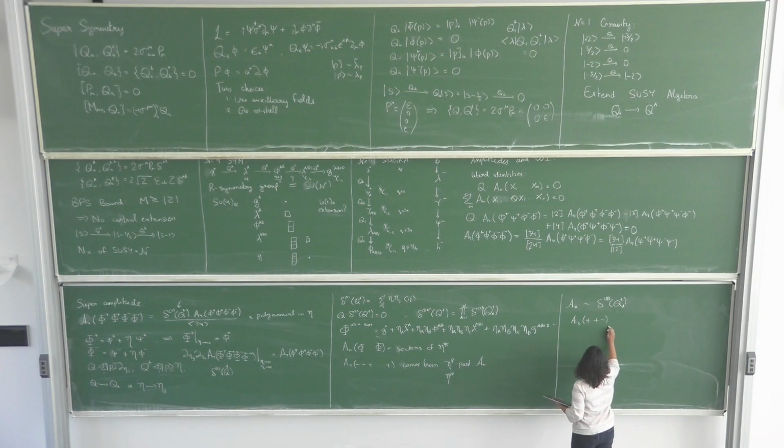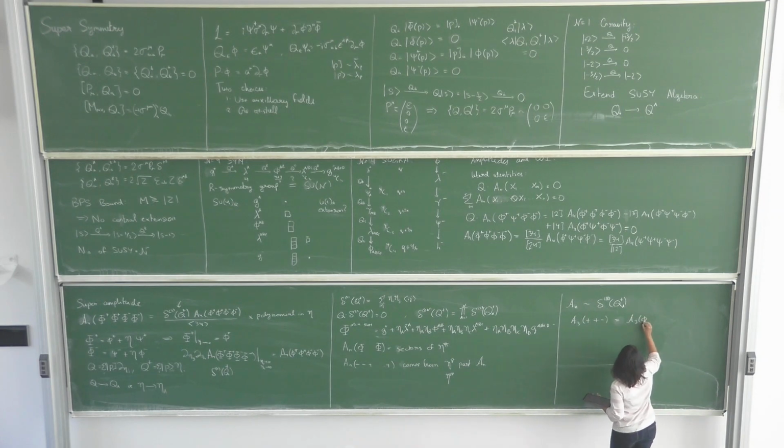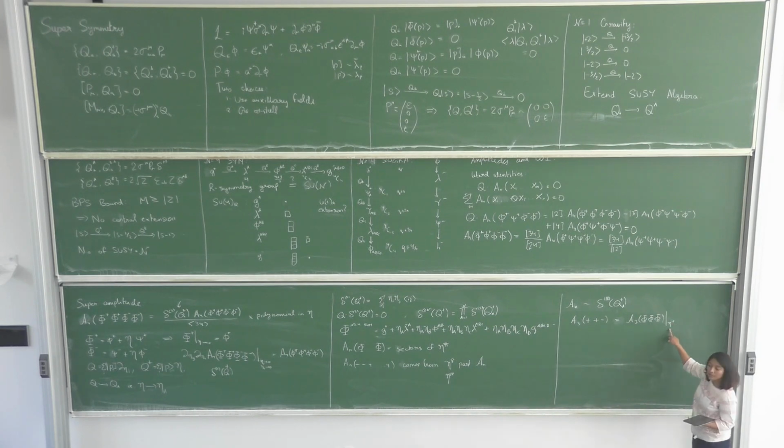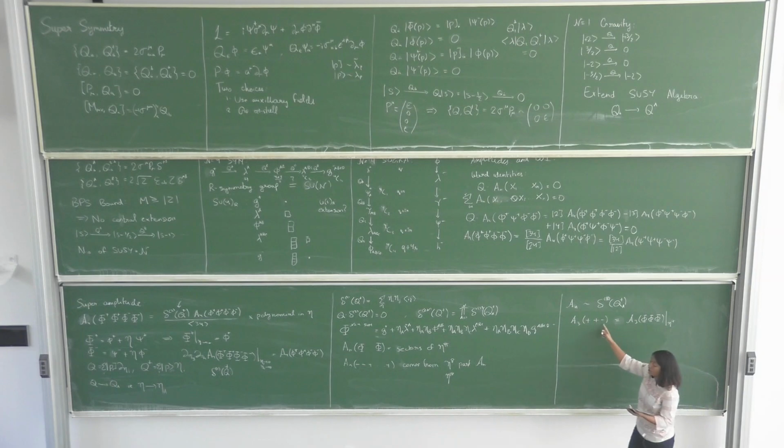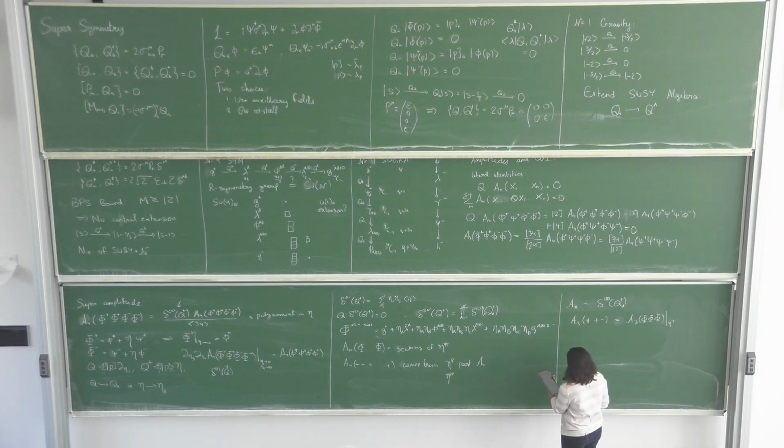Now, this amplitude would have to come from a superamplitude, and it's going to have to come from the eta to the fourth part, right? Because I have only one negative helicity gluon.